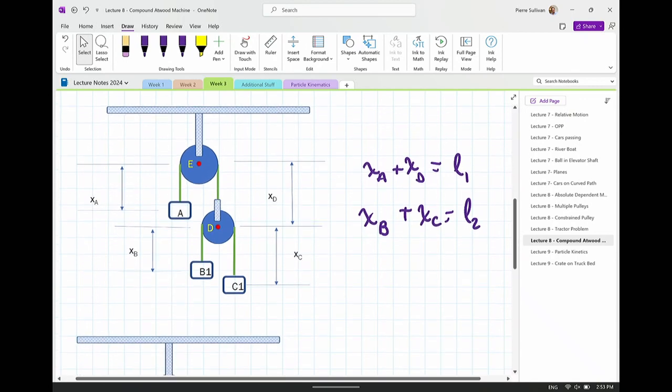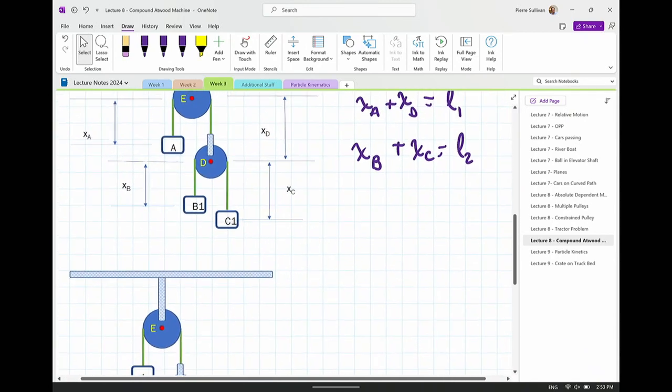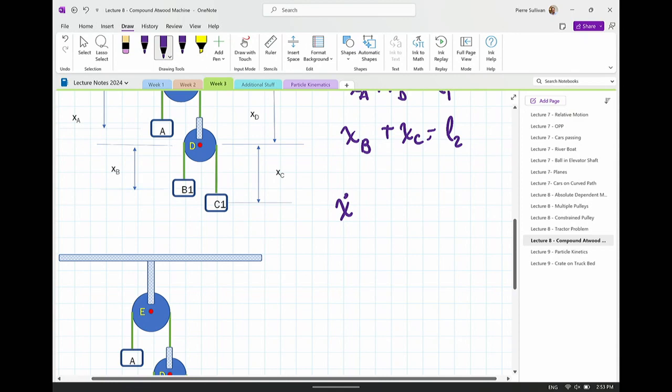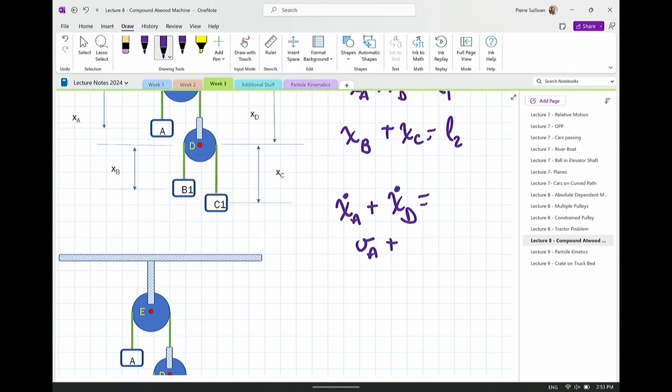So I can go XA dot plus XD dot is equal to velocity of A plus velocity of D, which is equal to 0. Those are both constants. Those are the lengths. They all work out really nicely in that case. Okay.